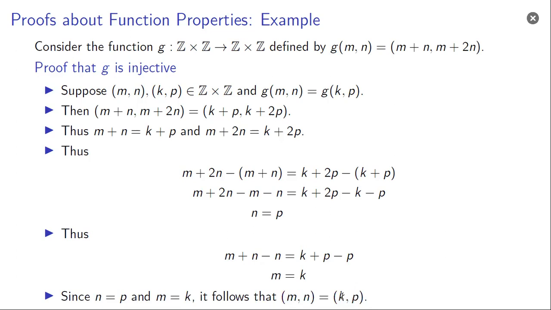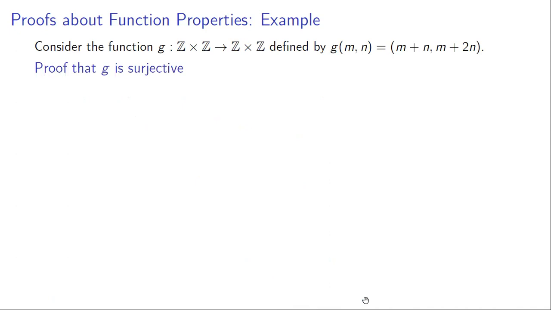That's the end of the proof that G is injective. What did we do? We said, suppose that G of m comma n is equal to G of k comma p. And the conclusion is that m comma n must equal k comma p. So we proved the contrapositive of the injective property, and therefore we proved the injective property itself for function G.